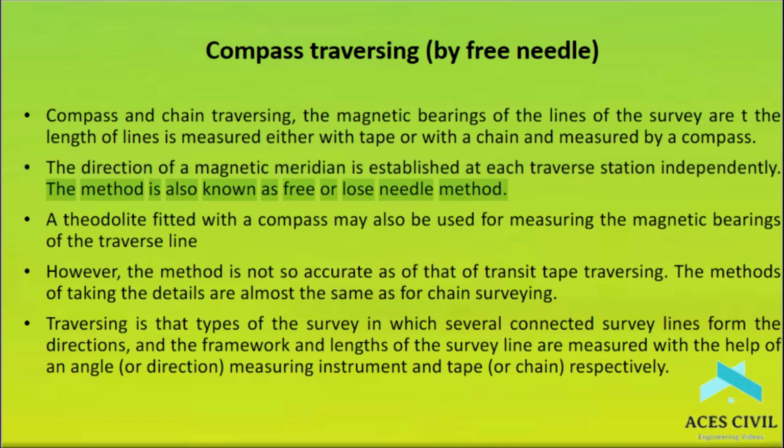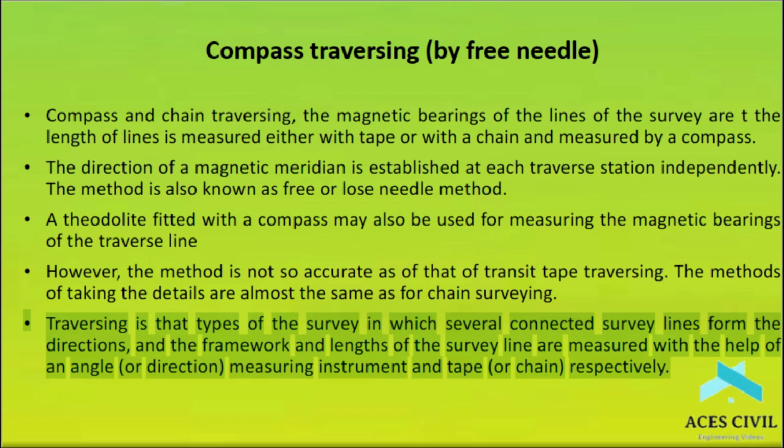The method is also known as the free or loose needle method. A theodolite fitted with a compass may also be used for measuring the magnetic bearings of the traverse lines. However, the method is not as accurate as transit tape traversing. The methods of taking the details are almost the same as for chain surveying.